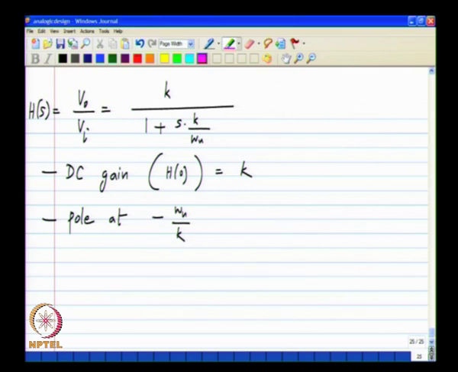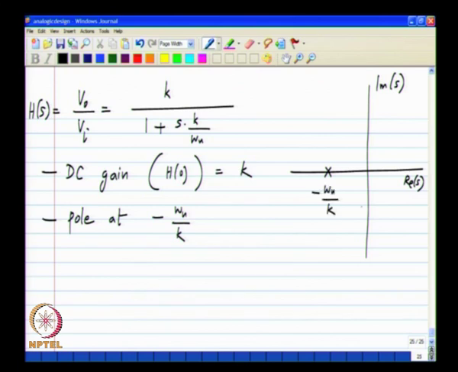Okay. So, if I draw it on an S plane where I show the real and imaginary parts of S, there is a single pole on the negative real axis, okay, and it is at minus omega u divided by k.